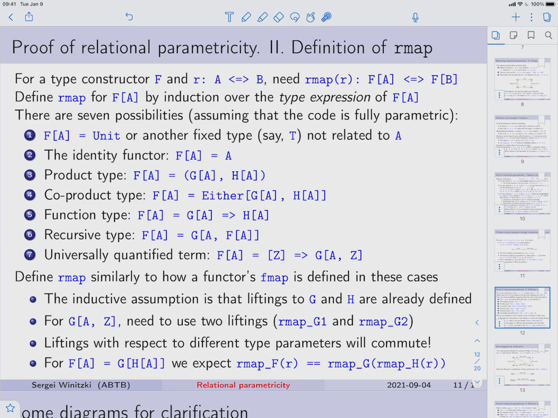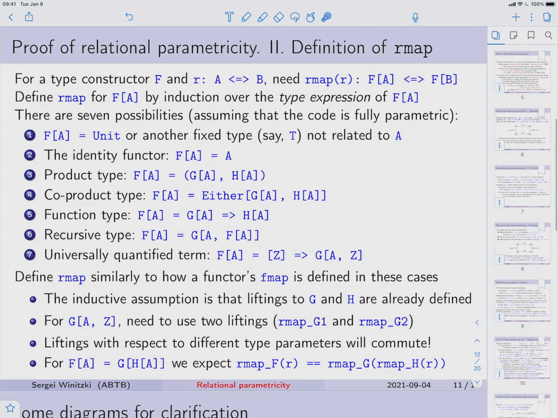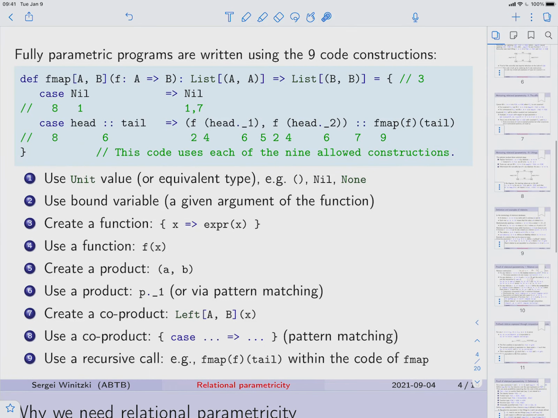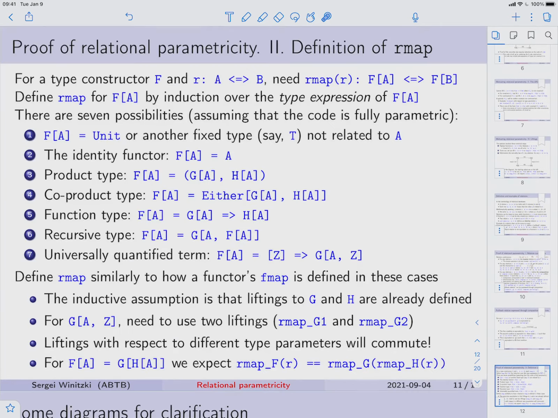So for example, if you take a look at the 9 code constructions listed here, and you try to see what types they produce, what kind of types you can get if you write code using these constructions, then you find that there are only 7 possible type constructions that you can get out of this code.